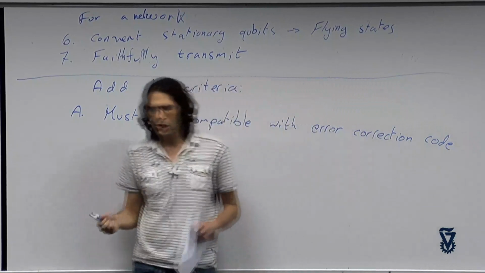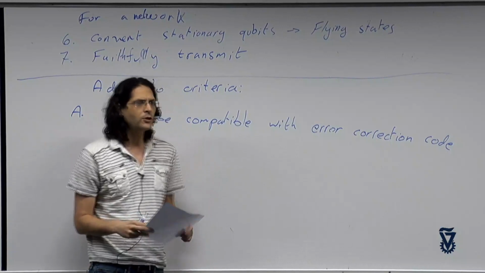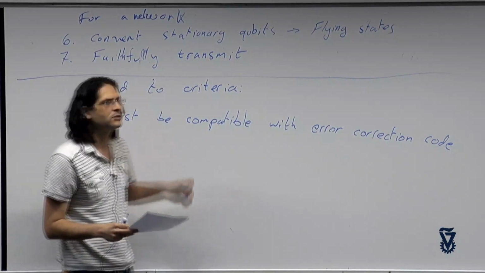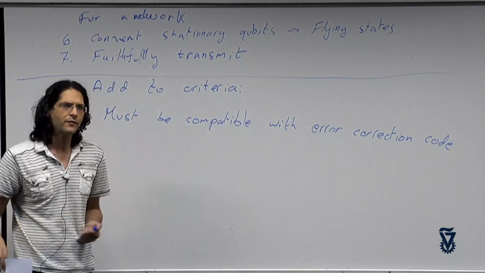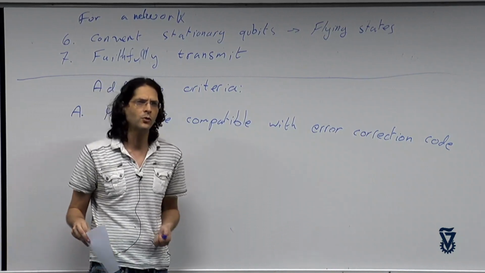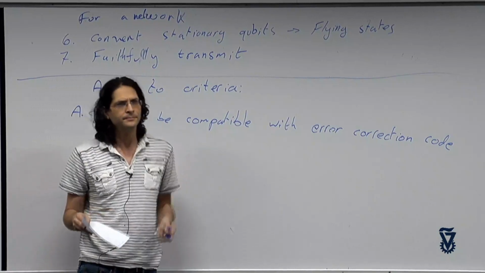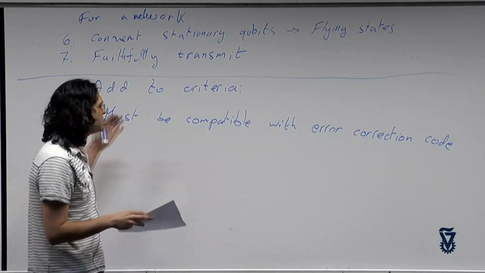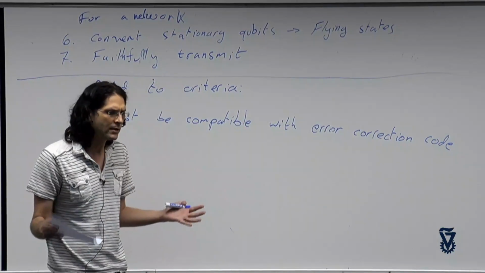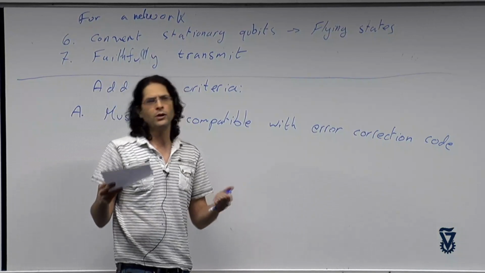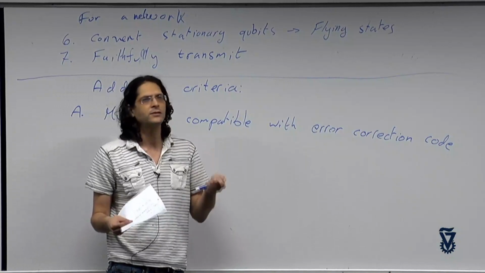An error correction code is just how you encode a single qubit in multiple qubits. When you build your hardware, you need to be aware of this, and it needs to be compatible with this. It's basically due to the fact that you will never have enough coherence. Suppose that you have coherence to do a computation of 1 minute, and your application will need 2 minutes. You need to be able to scale your quantum information processing unit in a way that doesn't require you to improve the materials, improve the basic constituents, because that is hard research that can take years.